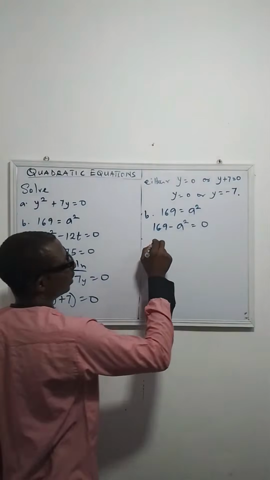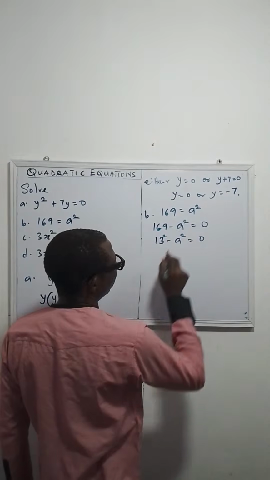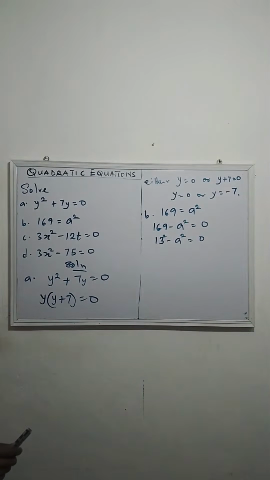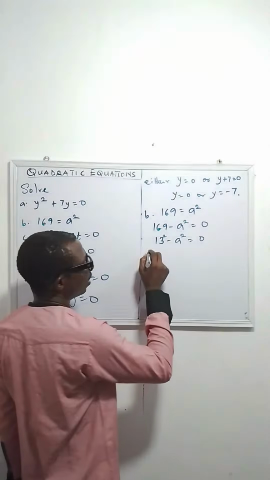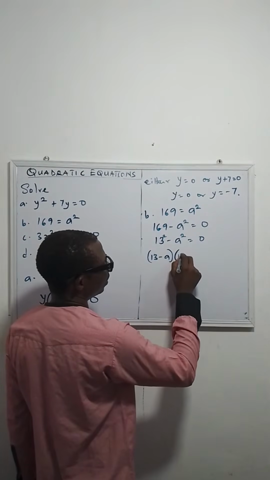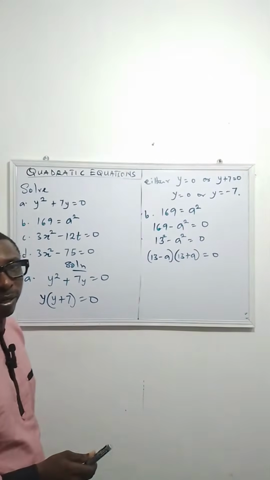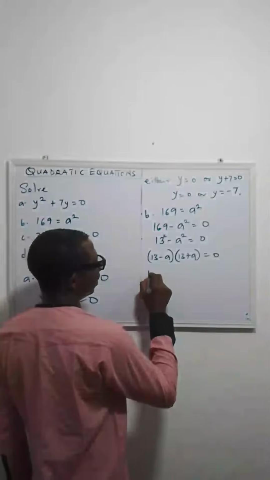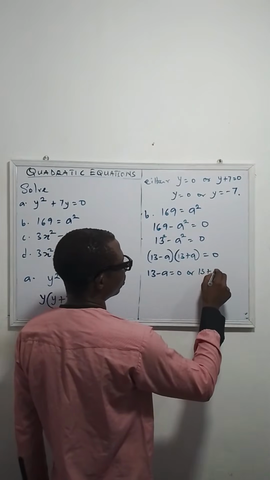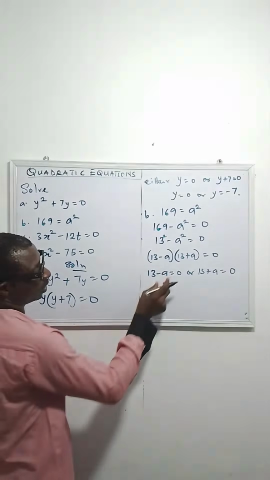So we have 13 squared minus a squared equals 0. Now making use of the difference of two squares principle, we have (13 minus a) times (13 plus a) equals 0. So that means we have 13 minus a equals 0, or 13 plus a equals 0.